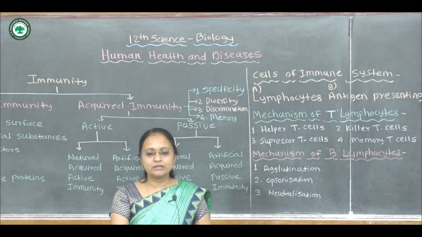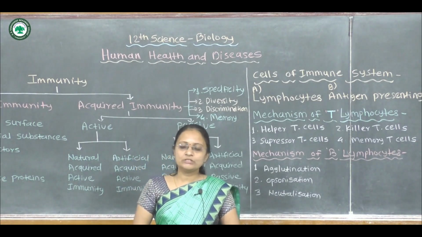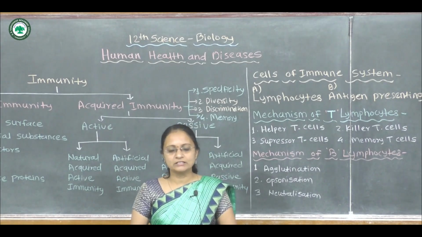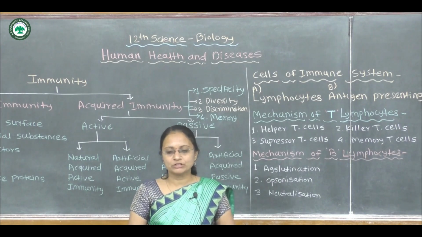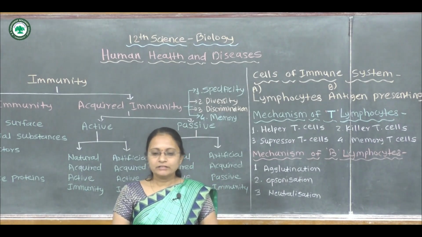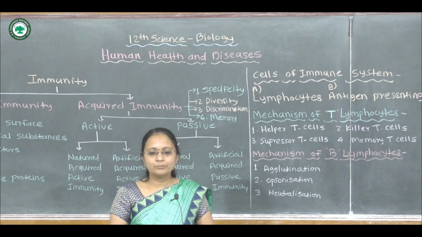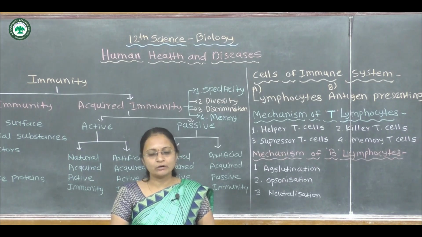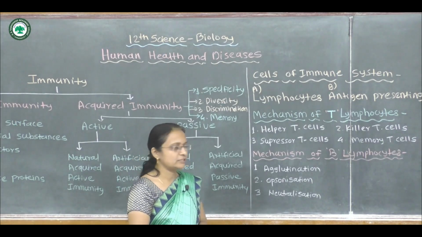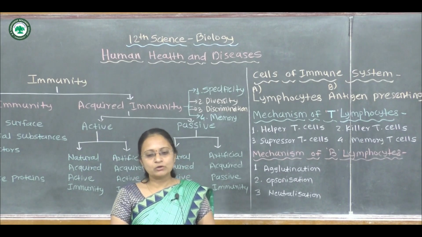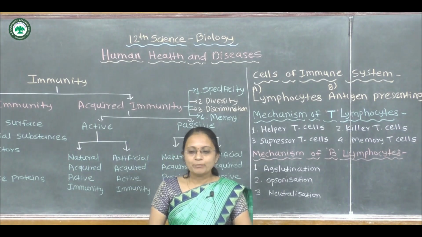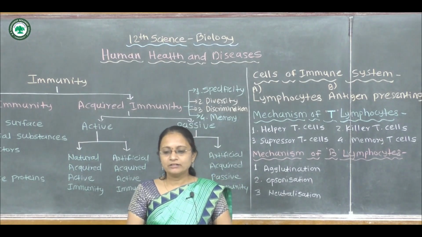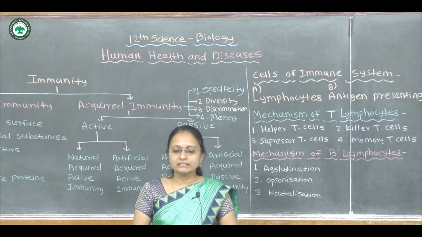These sensitized helper T cells produce lymphokines for performing different functions, like the stimulation of B lymphocytes as well as macrophages. The killer T cell, or cytotoxic T cell, directly attacks and destroys microorganisms and infected body cells, just like cancer cells.